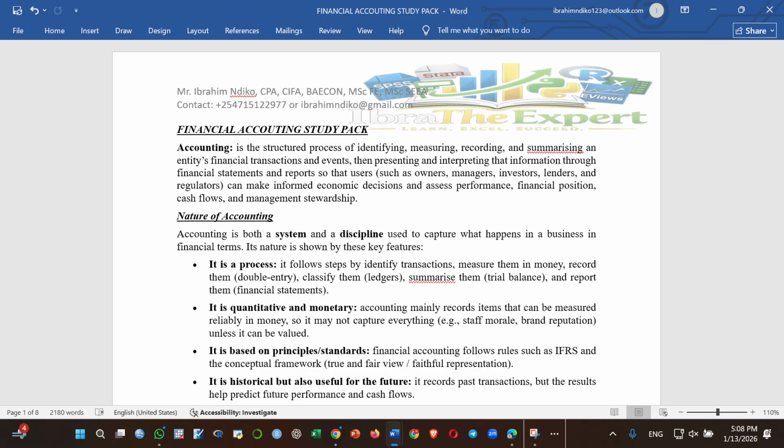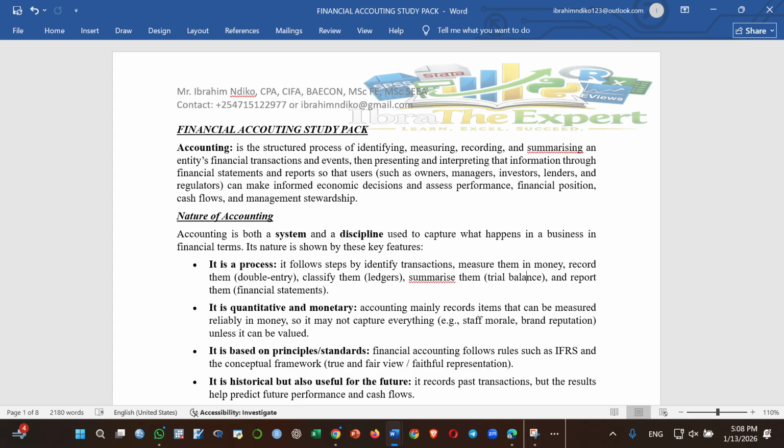So the purpose of coming up with a ledger is to make sure that each transaction is recorded in the correct ledger account. So for example, if it's a motor vehicle, you classify all the items of motor vehicle in one account. If it is debtors, you record every item concerning debtors into one account. That is classification. Then we summarize them.